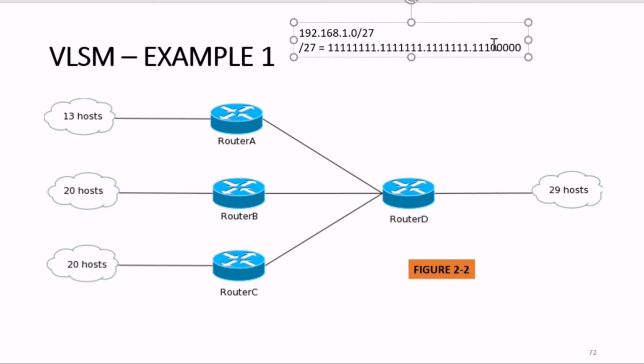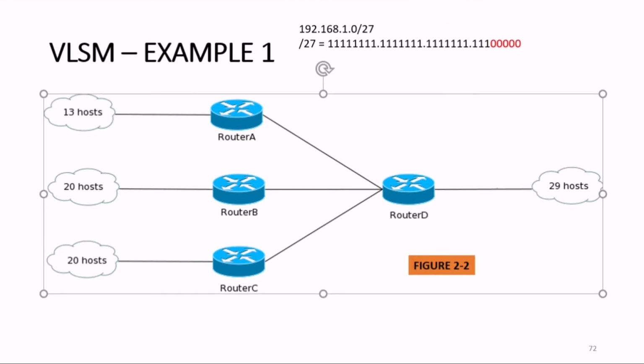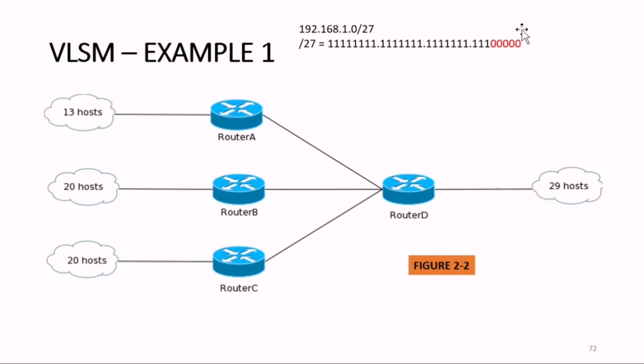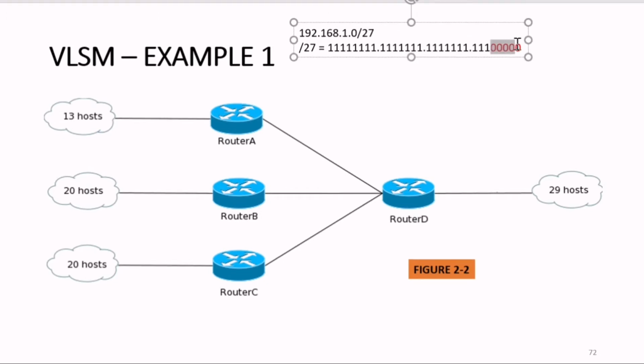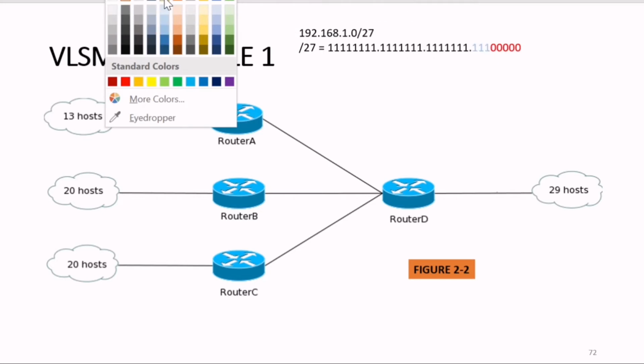So this is 27, where the last bits, the 0 bits here, are the host. From here we know that the host is over this red dotted part, and we also know that this is the subnet range, which I put in blue color.